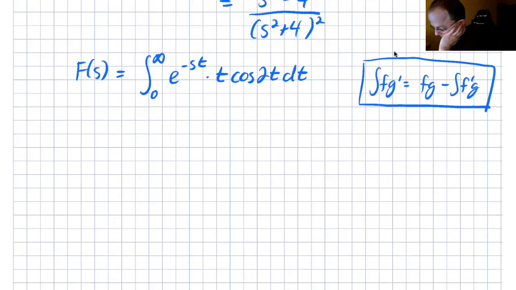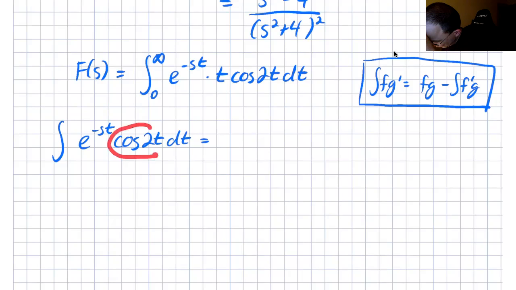Yeah, okay. So what is that? What is the integral of e to the negative st times cosine 2t? So I think to do this one, we also need to do an integration by parts as well. So I'm going to let, I want to take the derivative of this.